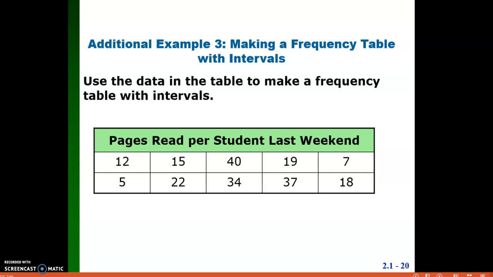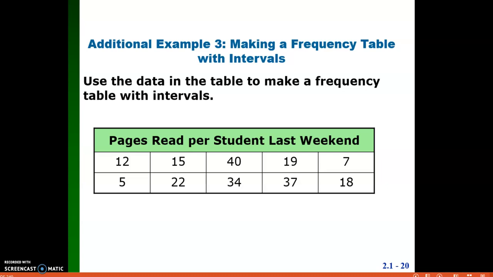Either way, you can find the class width or number of classes using this formula. In this example, the range 40 minus 5 equals 35, divided by my class width of 10, so 35 divided by 10 equals 3.5.